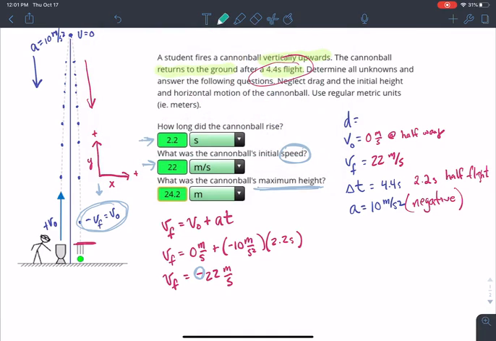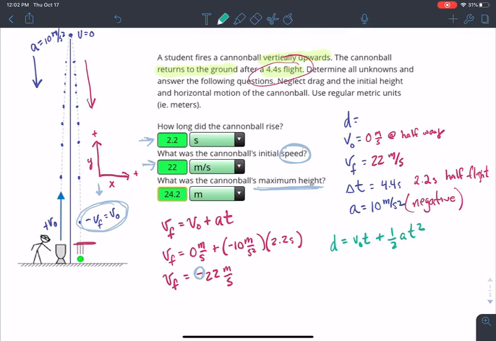We have a relationship that says d is equal to v0t plus 1/2 at squared. The nice thing is that when our original velocity is 0, we can cancel some terms out.